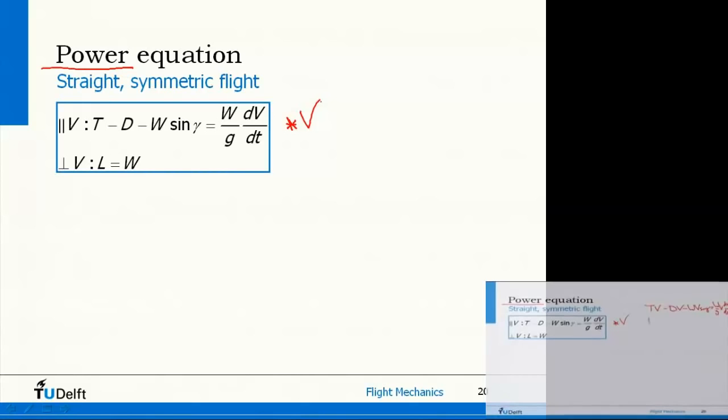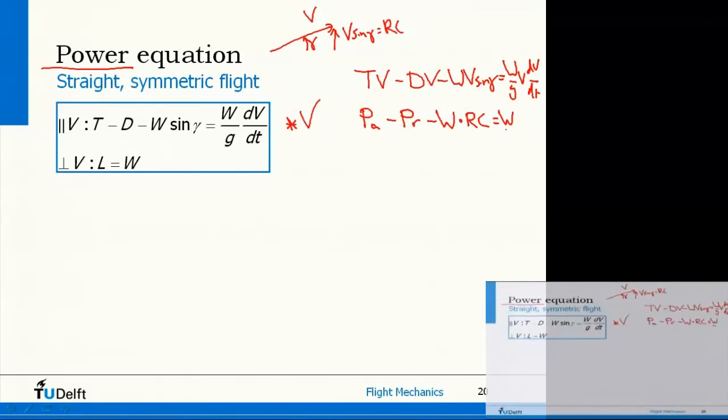So this is what I get if I multiply everything with airspeed. Now you already know that thrust times velocity is power available. Drag times velocity is power required. And then you have minus weight, and if this is the airspeed and this is gamma, then the vertical component is v sine of gamma, which is the rate of climb of the aircraft. So this is rate of climb, and this is equal to weight over g times v dv.